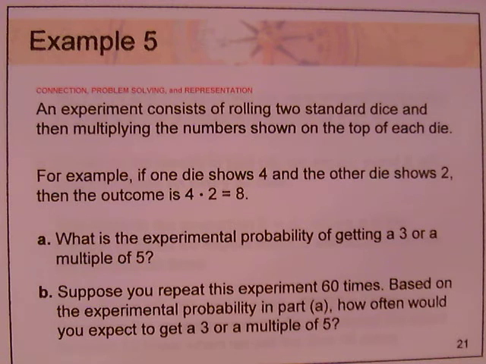So in part A, what is the experimental probability of getting a 3 or a multiple of 5? And then part B, suppose you repeat this experiment 60 times based on the experimental probability in part A. How often would you expect to get a 3 or a multiple of 5?